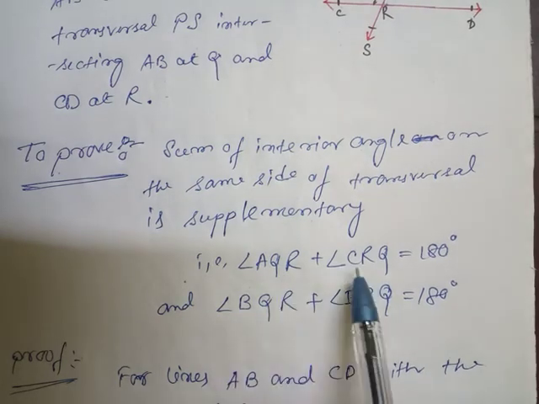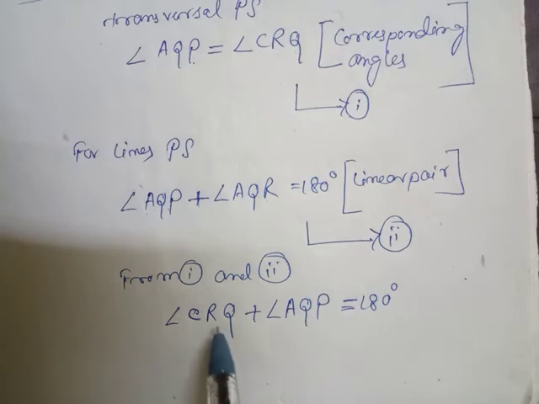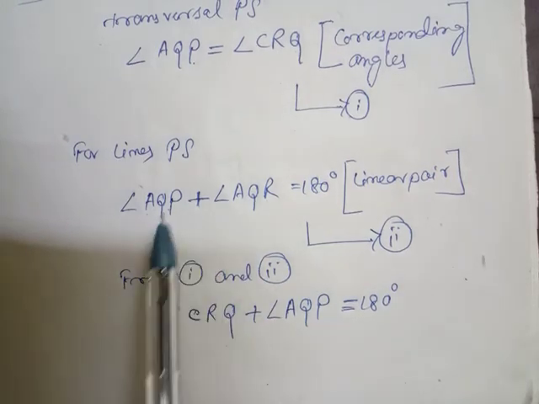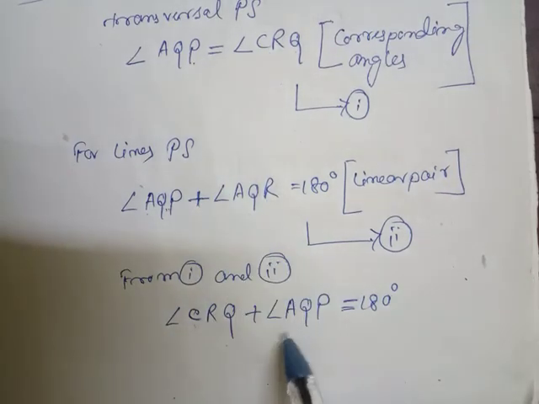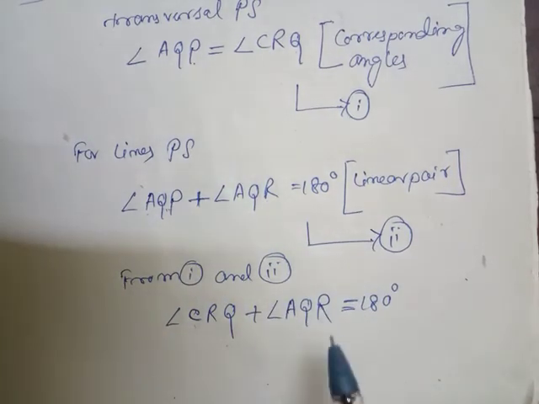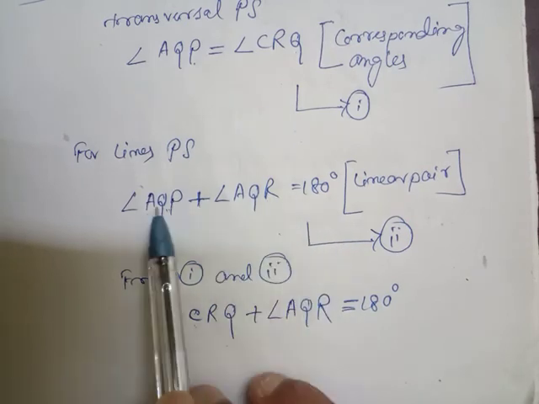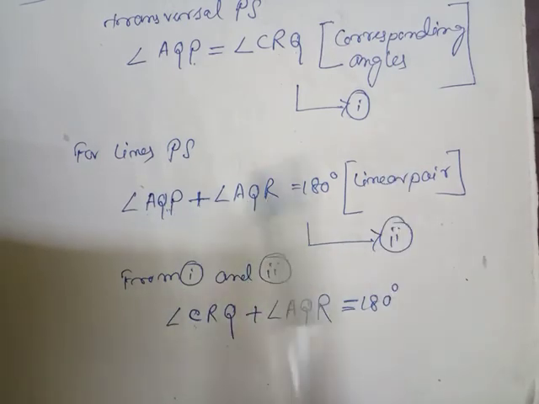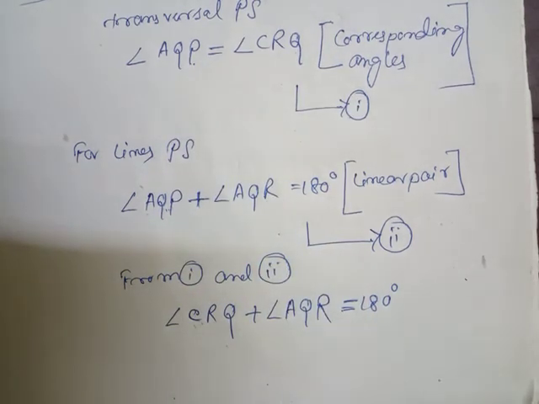Angle AQR plus CRQ. Here in place of AQP I have written CRQ, but here I will write AQR, not AQP. From equation number 2, AQP plus AQR equals 180 degrees, and in place of AQP, CRQ. So our first one is proved.